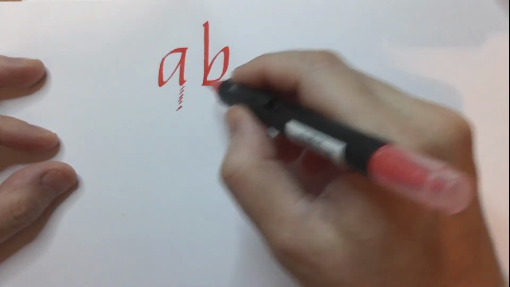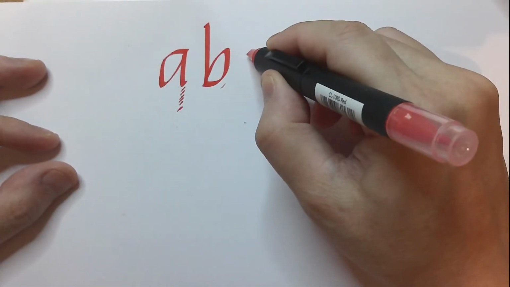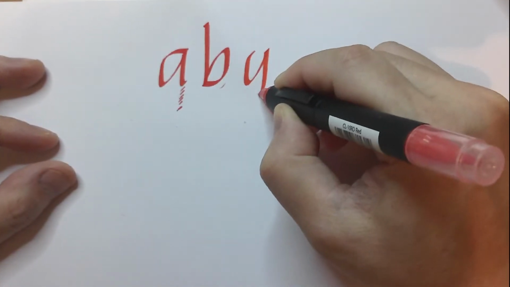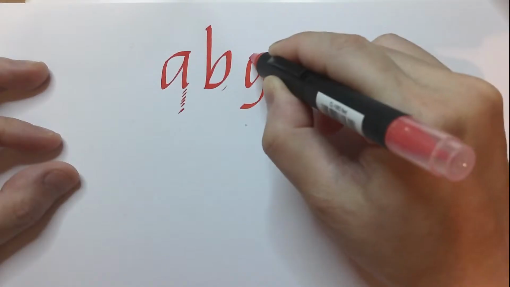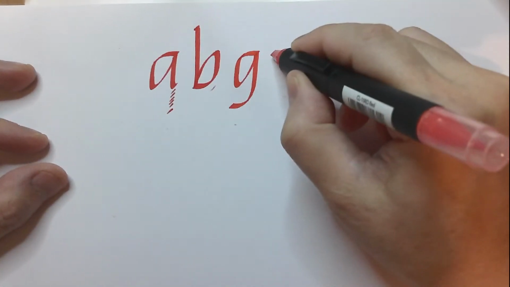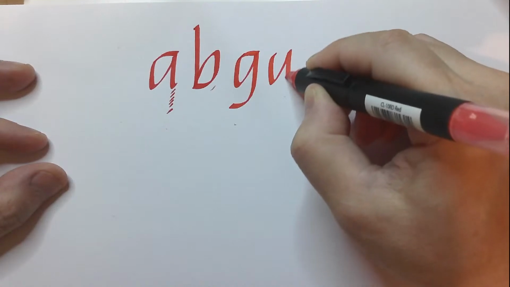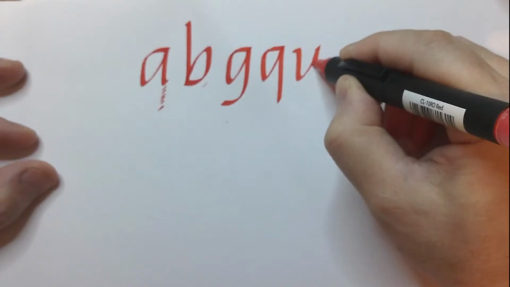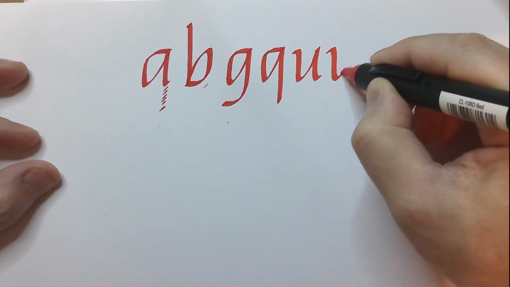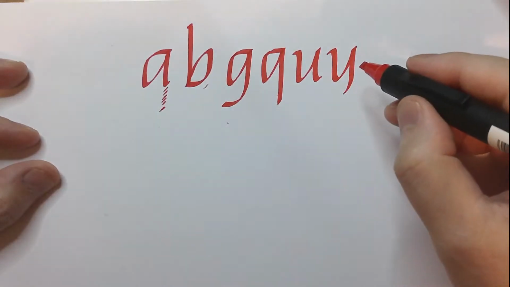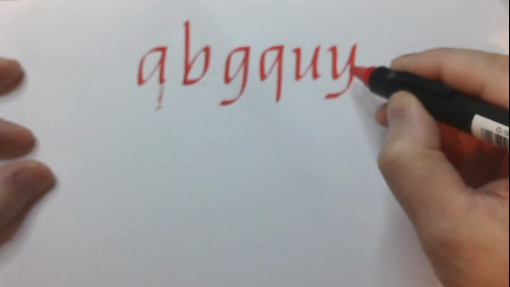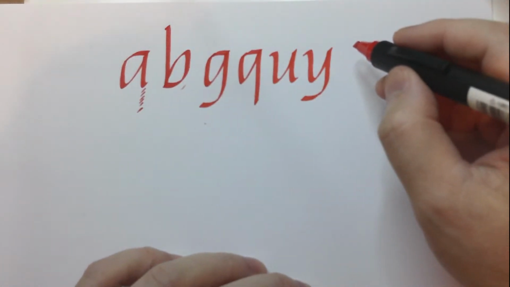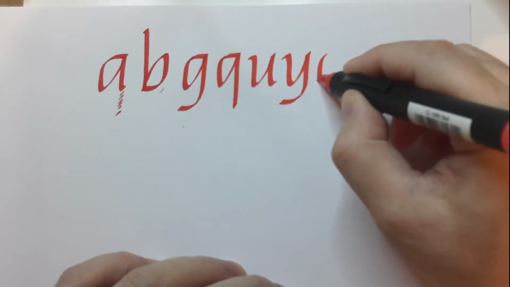So the A letter is the leader of a group that has the G like this, the Q, the U, the Y, and the last one I always forget, the D.